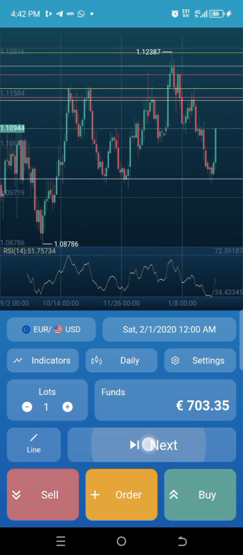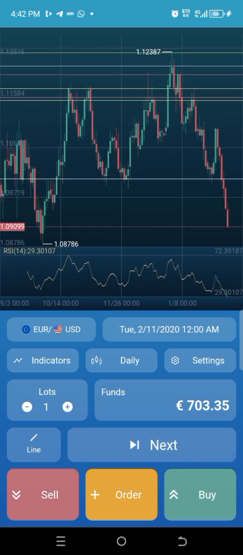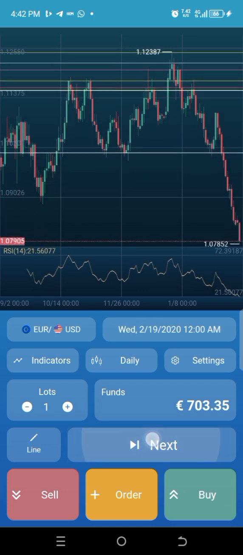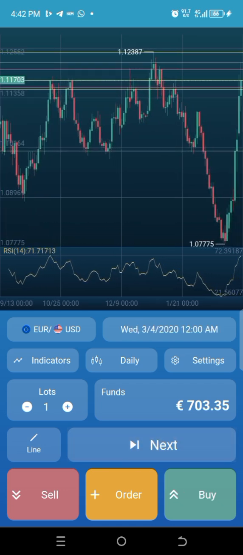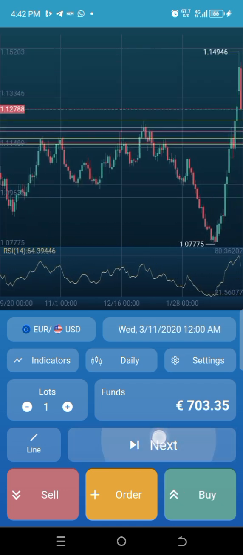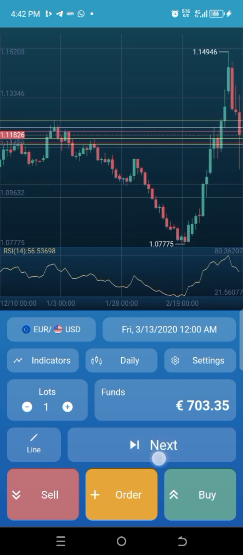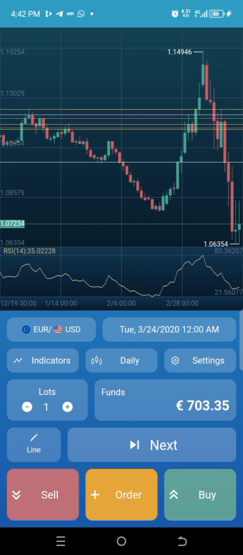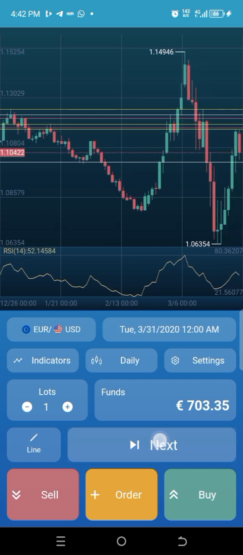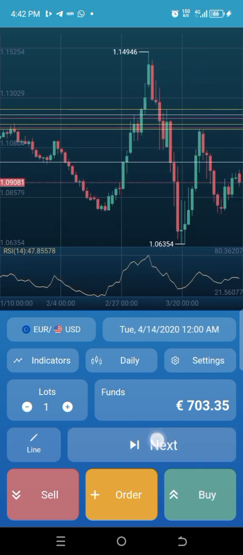So let's see if it will continue. Let's validate the downward move with another break of the low. Not yet. So wherever we are, we're not sure. This looks like no man's land. Okay, it has gone down. Let's wait for price to validate the downward move.